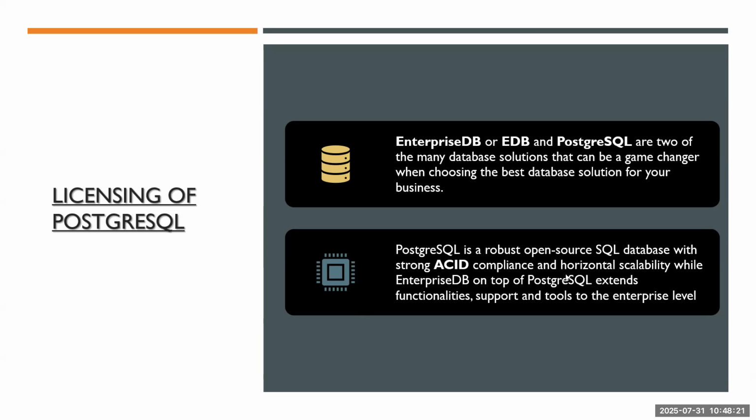And also horizontal scalability. Enterprise DB is built on top of PostgreSQL, extending functionality, support, and tools to the enterprise level. There are two kinds of scalability nowadays. I'm not sure how many people attended interviews recently, but nowadays you get the question: what is vertical scalability, and what is horizontal scalability?